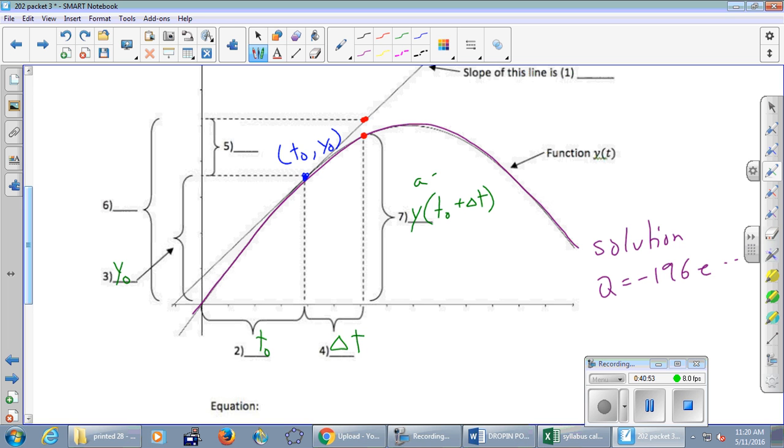So I'll put the word actual here. Number 6 is going to be an approximation. So I'm going to write the same y of t0 plus delta t, but it isn't the actual value. This is our estimated value. We want the actual, but we can't get it, so we're just going to estimate.